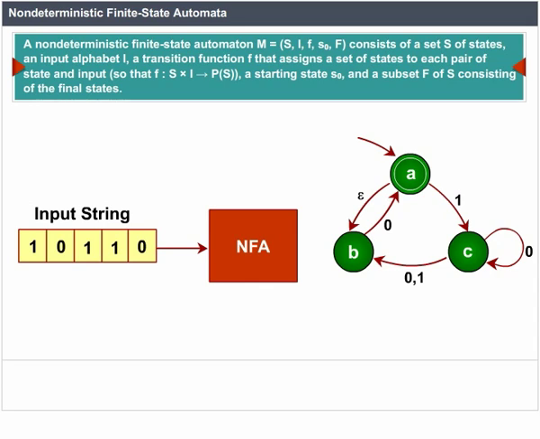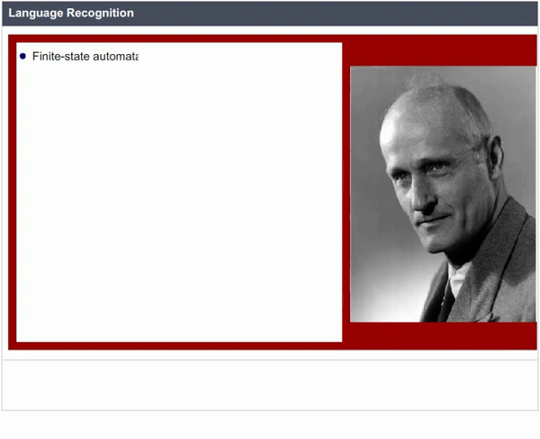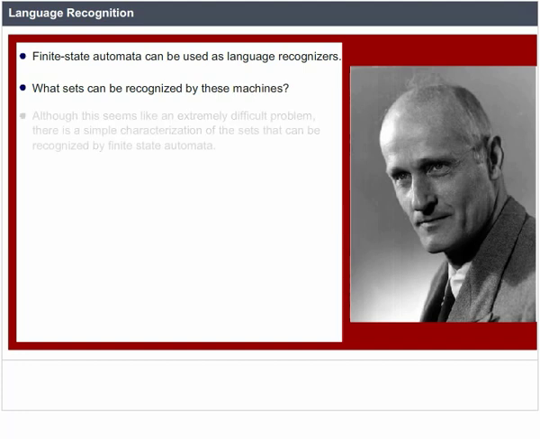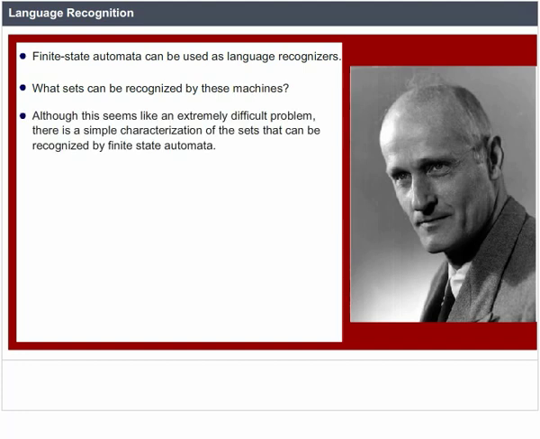Language recognition. Finite state automata can be used as language recognizers. What sets can be recognized by these machines? Although this seems like an extremely difficult problem, there is a simple characterization of the sets that can be recognized by finite state automata. This problem was first solved in 1956 by the American mathematician Stephen Kleene.